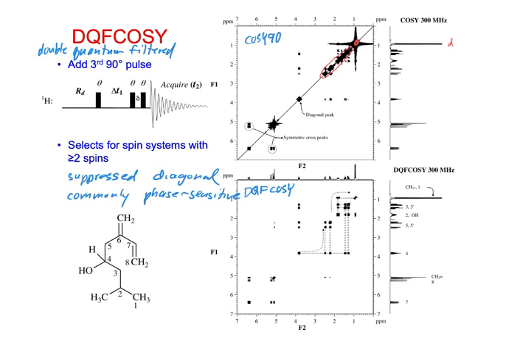But when we do this double quantum filtered, notice how clean it is along the diagonal, right? So off of this methyl group, we have almost nothing. And in here, where we couldn't really see anything, we can clearly see this kind of coupling in tight on the diagonal. So that makes this a big advantage.